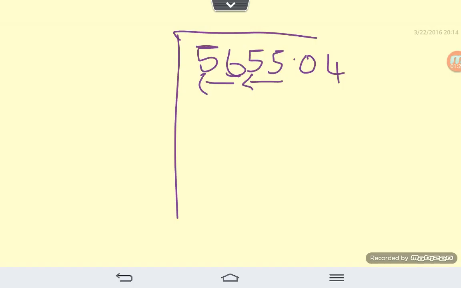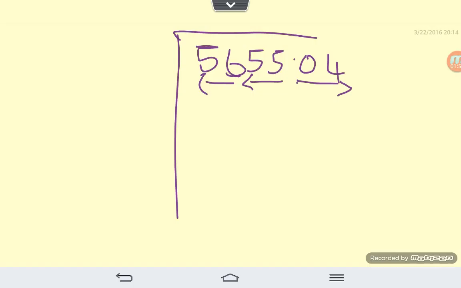Whereas when you're making pairs to the left of the decimal, you make them from your ones place, but towards the right of the decimal you need to make pairs from the tenths place, which means you need to make pairs in the opposite direction to 5655, towards the right. So after making pairs, follow the same steps.